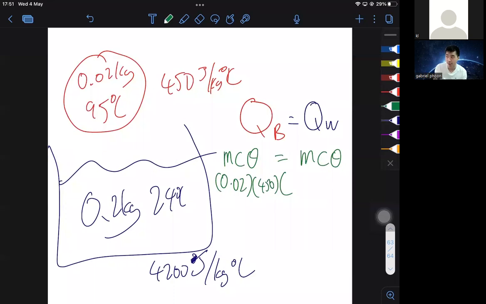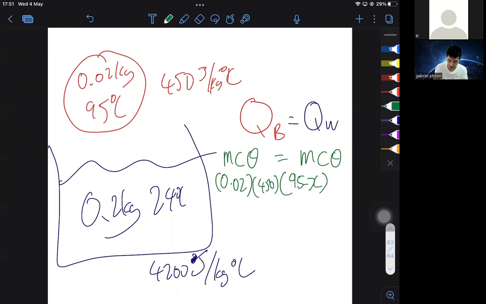But you know for a fact that the temperature of the steel ball is definitely going to decrease. So the first thing you're going to write is 95 minus x. This 95 minus x indicates that the ball is going to decrease in temperature, by how much you don't know, but it's going to reach a certain temperature x.